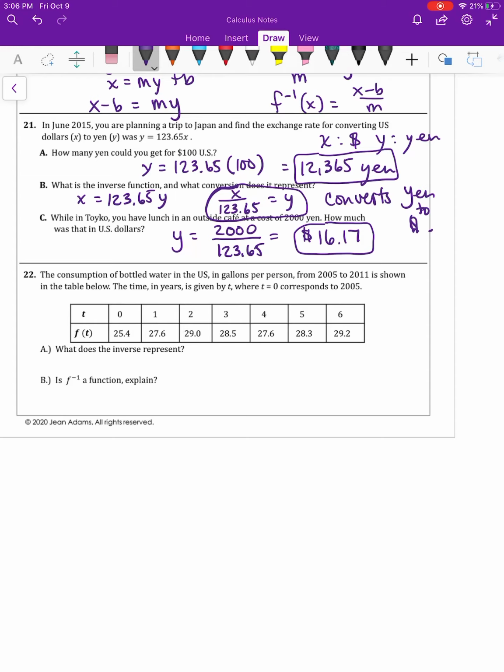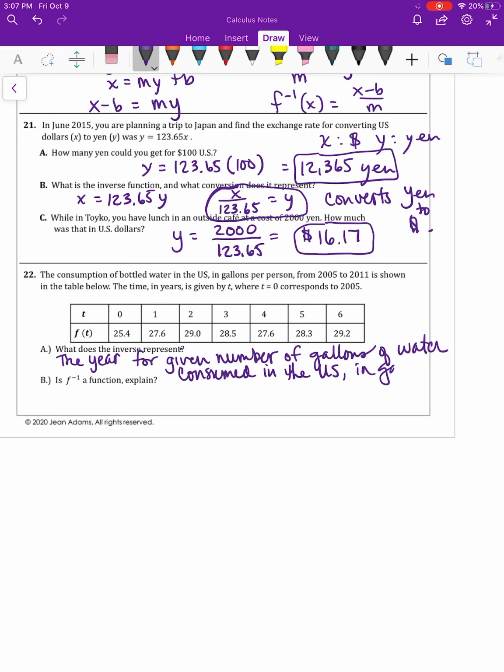Okay, so the inverse is going to be the year for the given number of gallons of water consumed in the U.S.